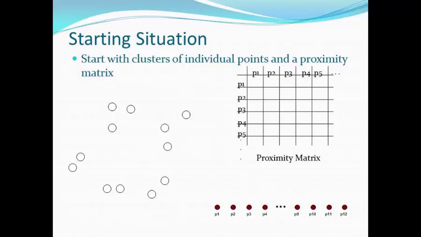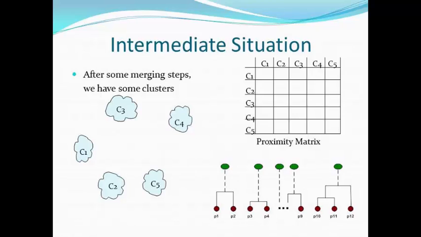Don't have a lot of time, just look at this. 1, 2, 3, look at those dots, how many points? 12 points. And then you start from the distance, you need to look at all the 12 by 12 in the beginning. And then how you can merge. In the end, you got 1, 2, 3, 4, 5 clusters.